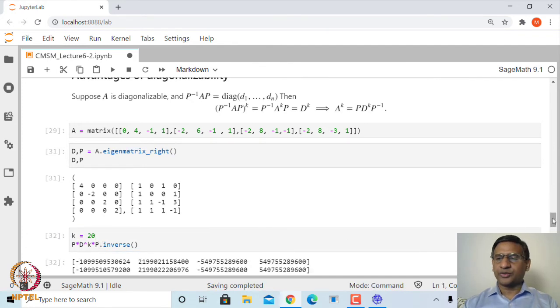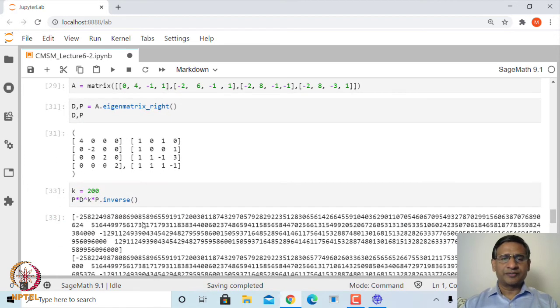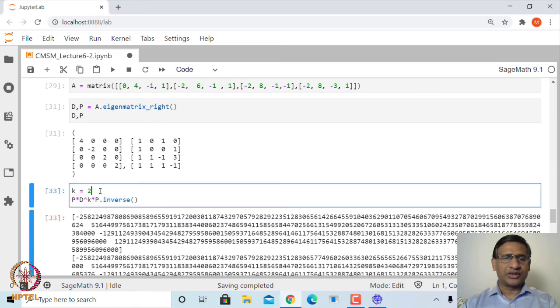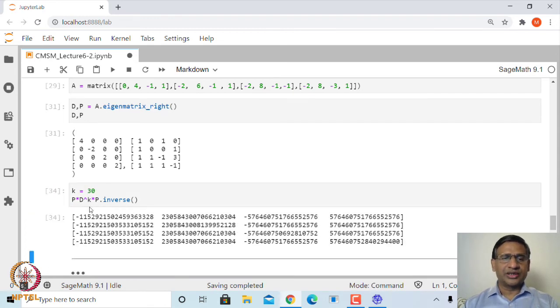This is D to the power 20, not just 20. I can find it even to the power 200. That's a very large number, but in any case you can find it very easily. Let us say power 30, that is A to the power 30.